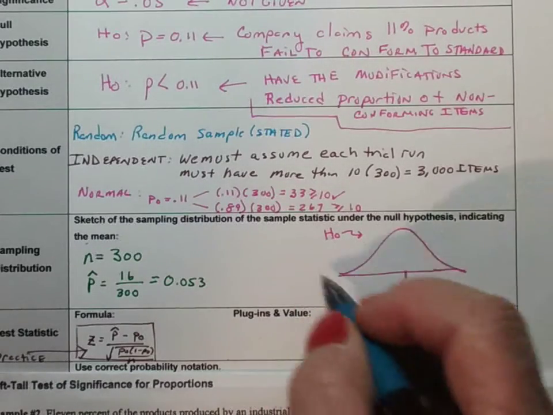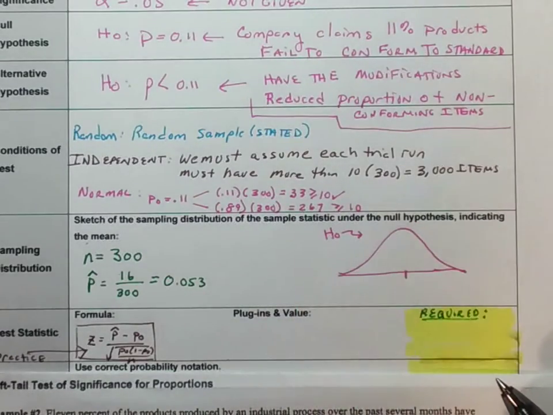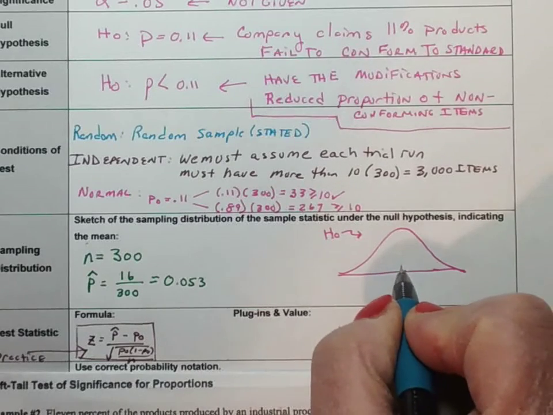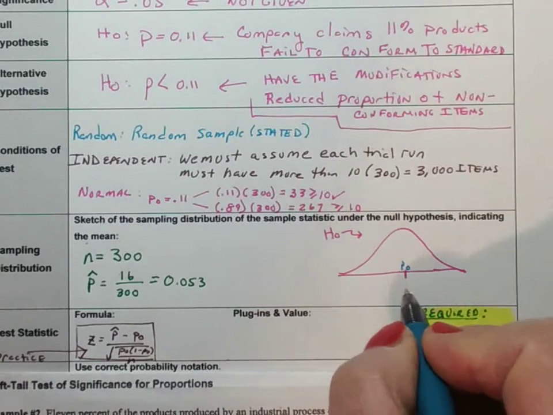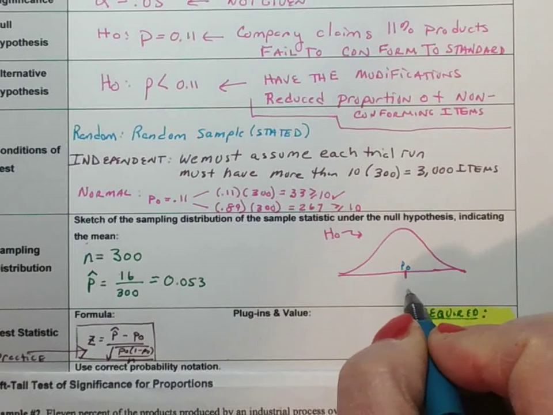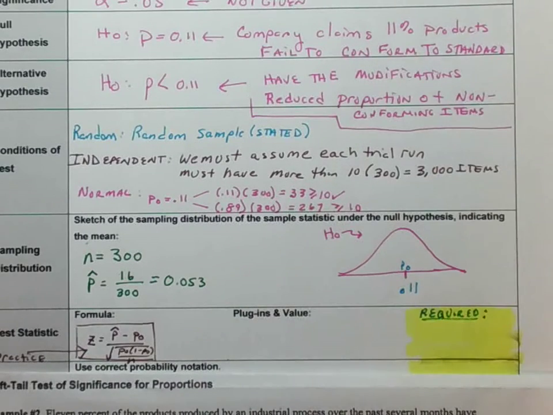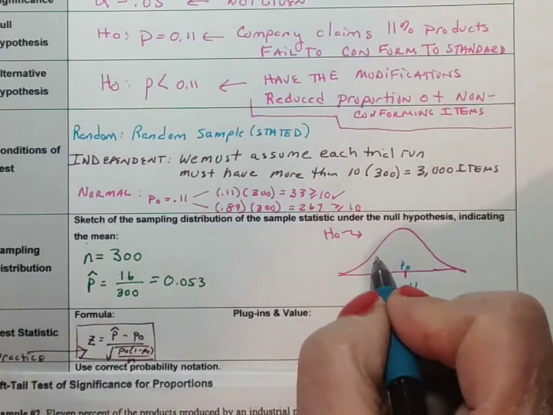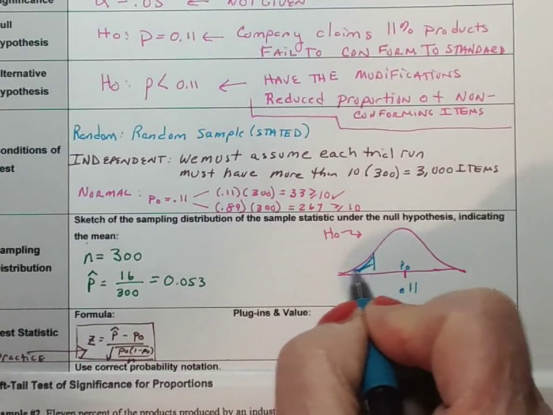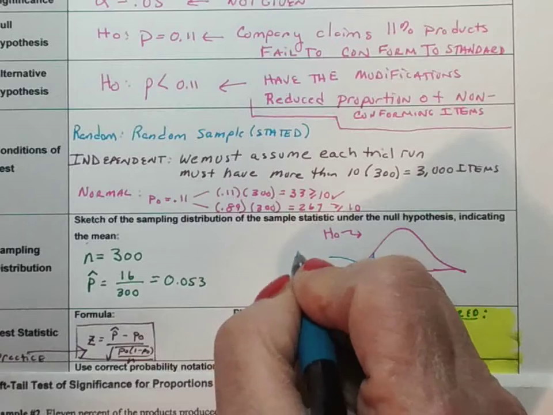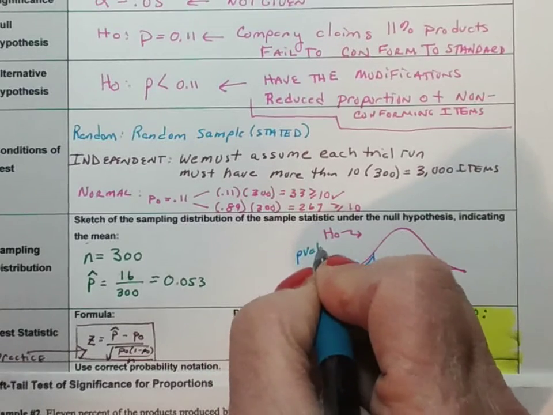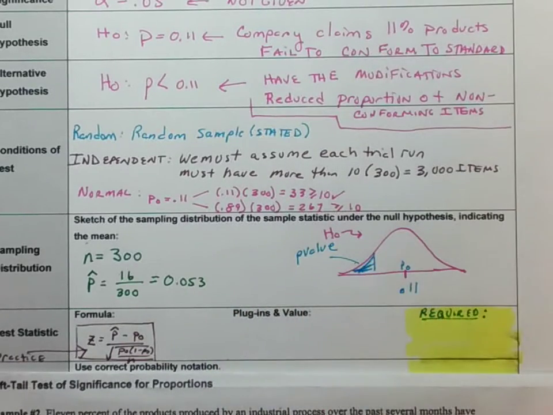So this graph is under the null hypothesis. So our p naught is equal to 0.11. And this is a left tail test, so we shade this area, and that is going to be our p-value.